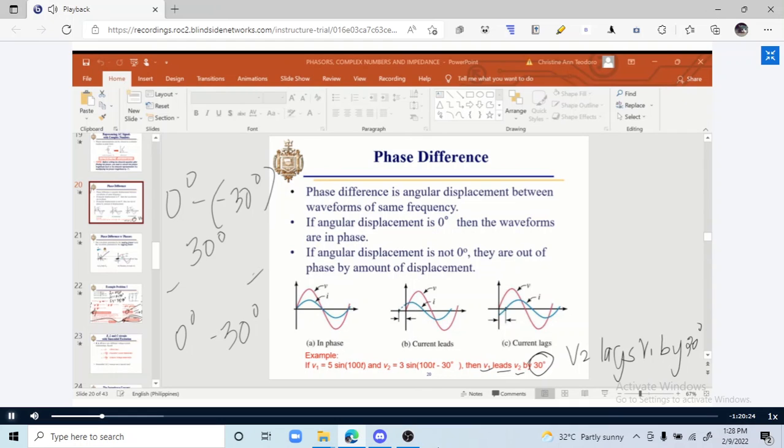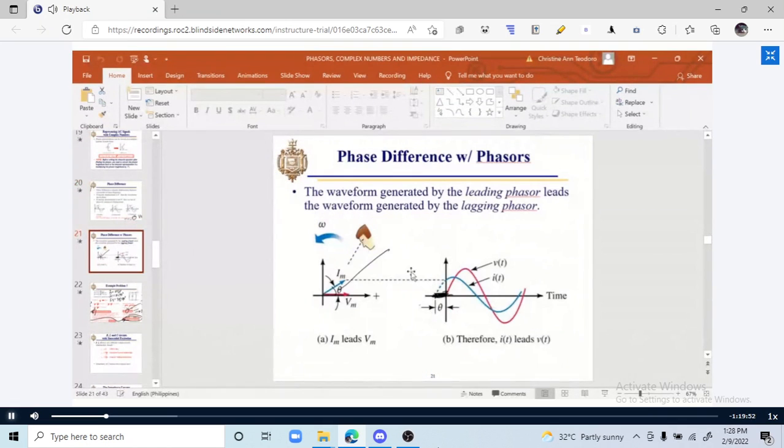We can say that V1 leads V2 by 30 degrees, and we can also say that V2 lags V1 by 30 degrees. It means one is ahead and the other is behind. Did you get the idea?